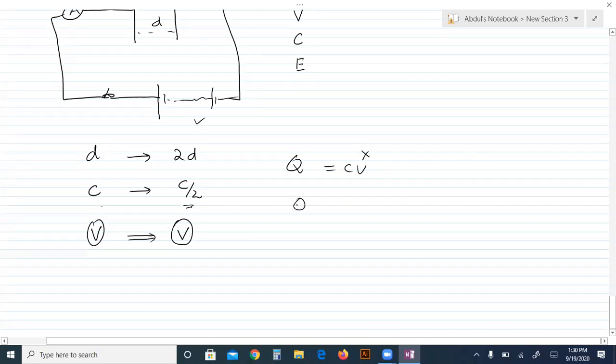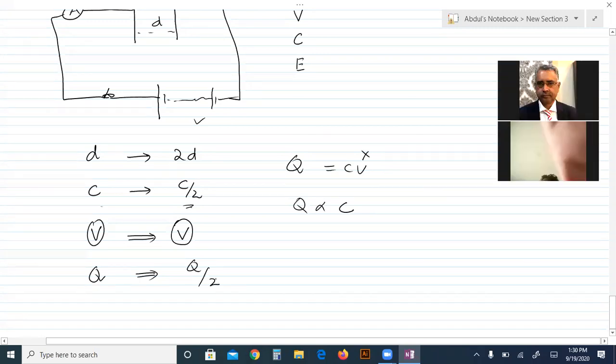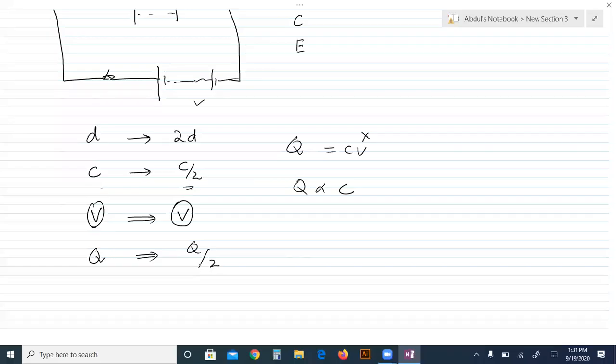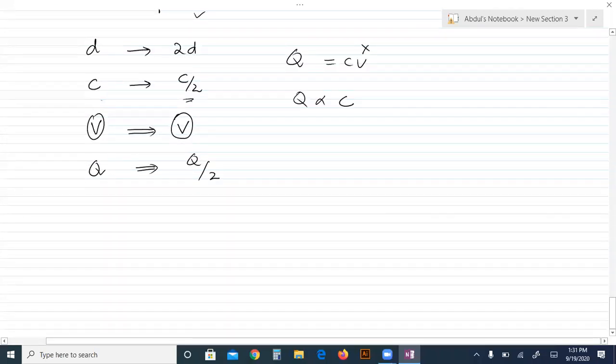When V is the same, Q is directly proportional to C. It means the initial charge Q is halved, so half is lost. So Q becomes half. Now what happens with the energy?